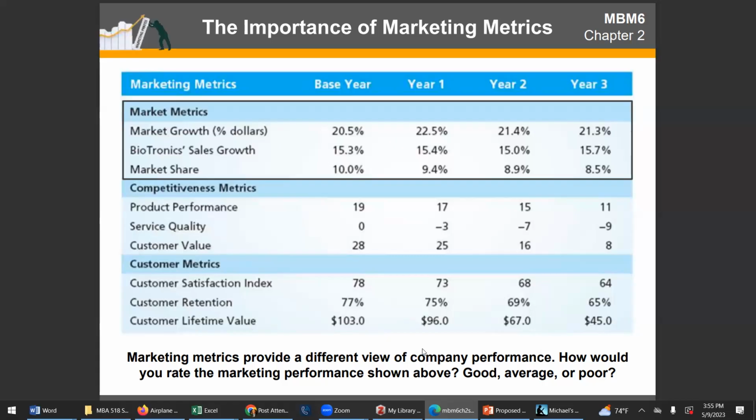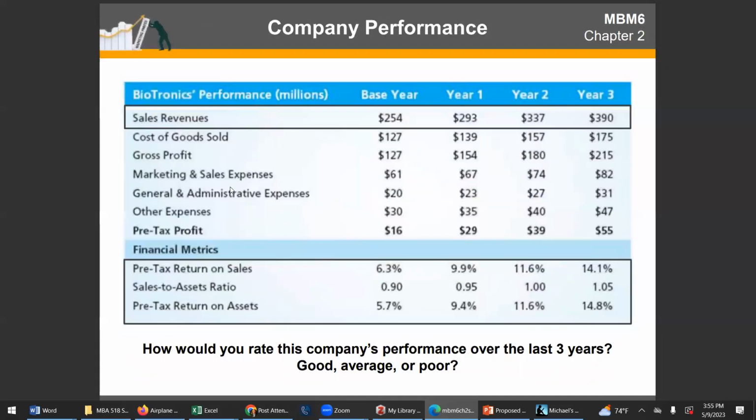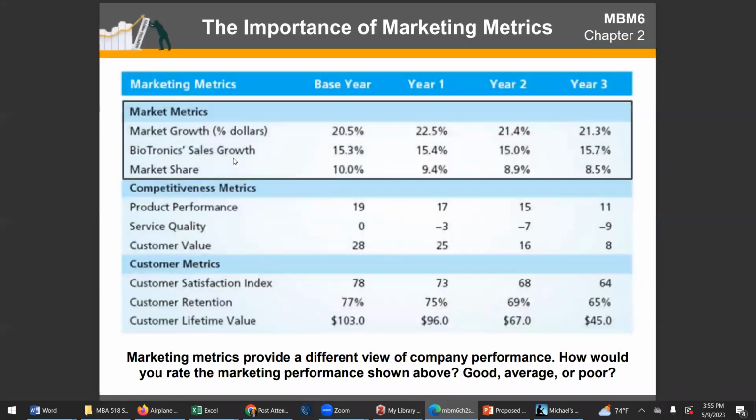So again, what's interesting is, while if we looked at the typical financial performance, what we would see on the surface is, hey, everything looks pretty good. But when we dig a little bit deeper, we see that things are not so good.